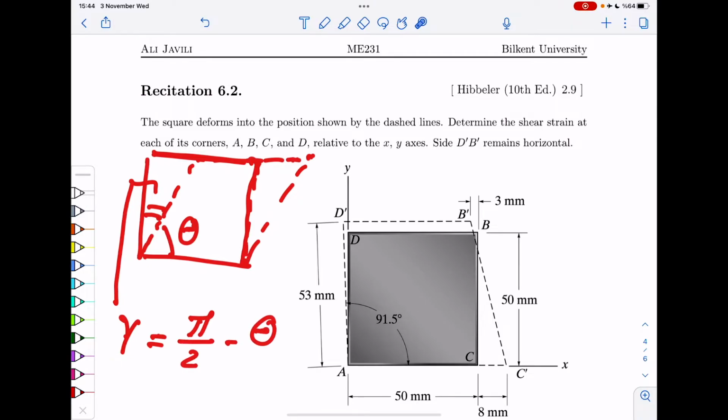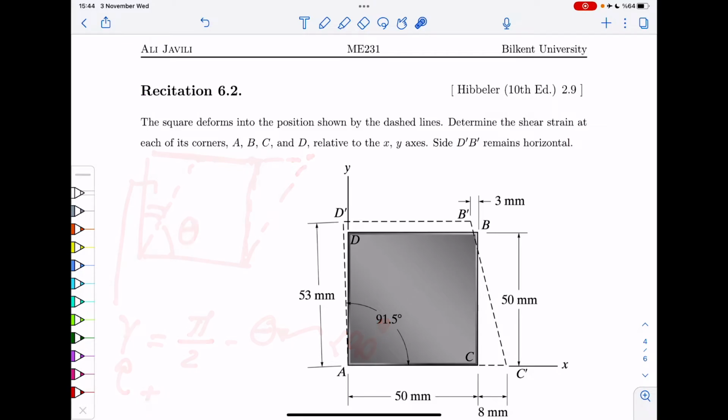For simplicity, we assume this convention, meaning that if theta itself is less than 90 degrees, then our shear strain would be positive. If shear strain is negative, it means the angle is larger than 90 degrees. It doesn't really matter too much, as we will see shortly, but this is the idea.